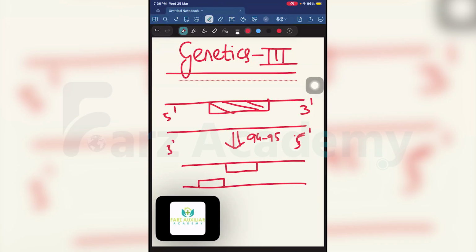On the basis of this primer, my DNA polymerase is going to act. But because now it is a high temperature, I need a DNA polymerase which is thermostable, which is heat stable. That is why there's something called Thermus aquaticus, Taq polymerase. This form of DNA polymerase is required in PCR.